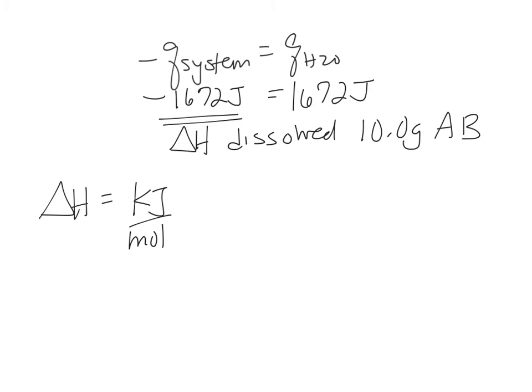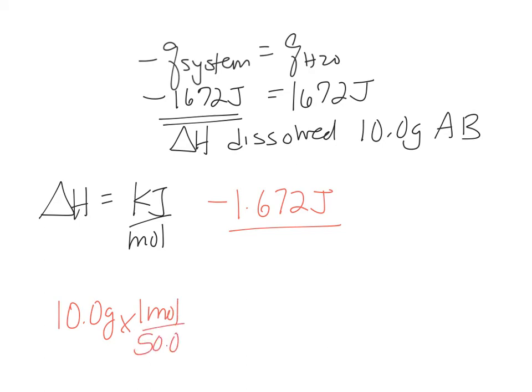negative 1672 joules is the same as minus 1.672 kilojoules. And now we need to divide by how many moles we had. Well, we had 10 grams of the salt, and we know that 1 mole of the salt is 50 grams, so we had 0.2 moles.